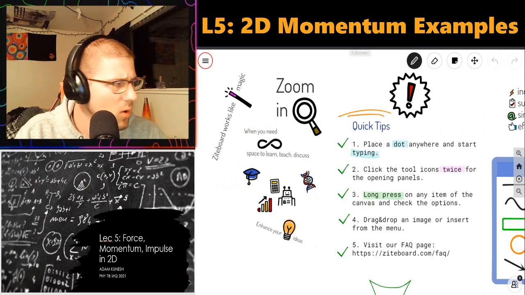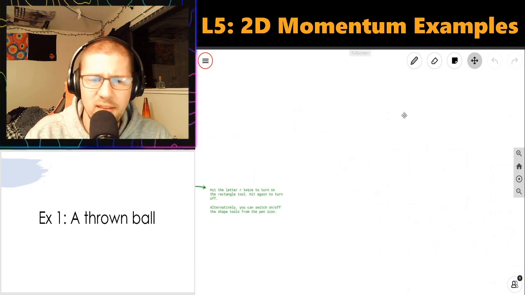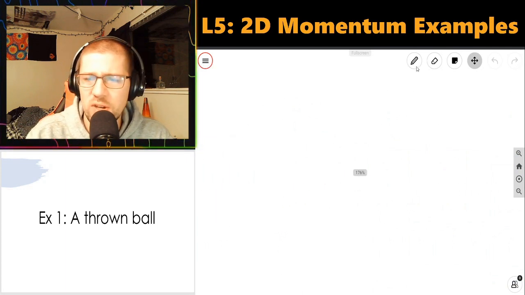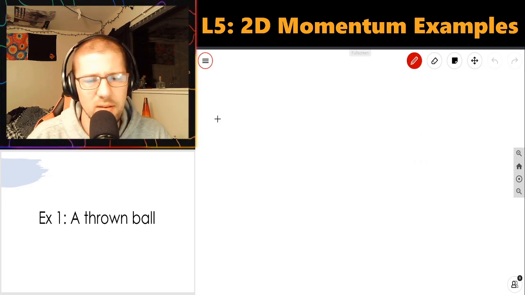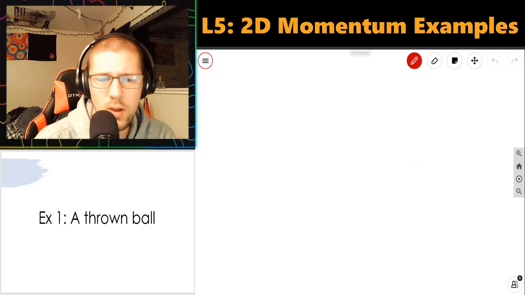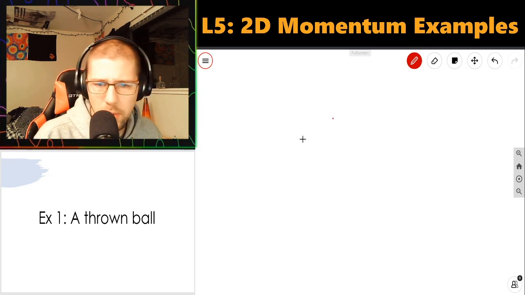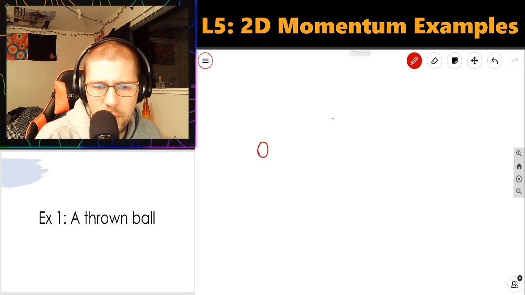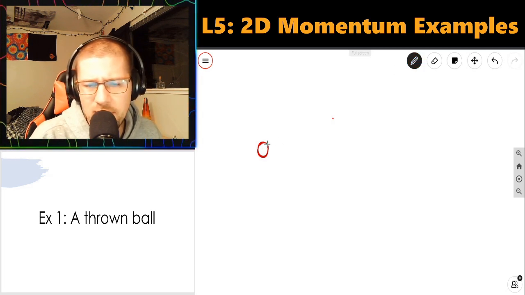All right. So the first example I wanted to talk about is just a ball that has been thrown. I'm not going to worry too much about how the ball acquired its initial momentum. I'm just going to say it is a ball that has been thrown. I'll make it a red ball. It has been thrown up at some angle.